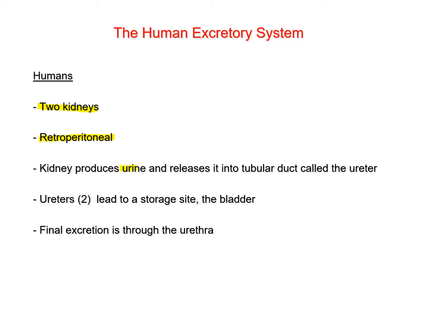They make a filtrate, release it into a ductular system where it undergoes resorption and secretion, and then it comes out of the kidneys as urine and goes into the ureter. Each of the ureters from the 2 kidneys leads down to a bladder that stores it, and then the final excretion is through the urethra.